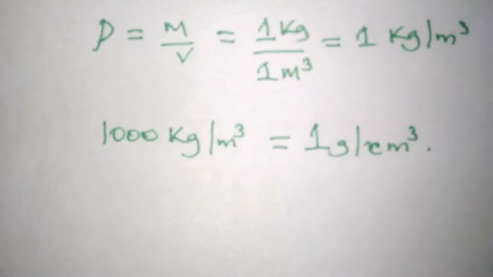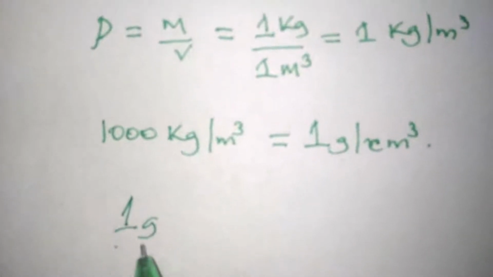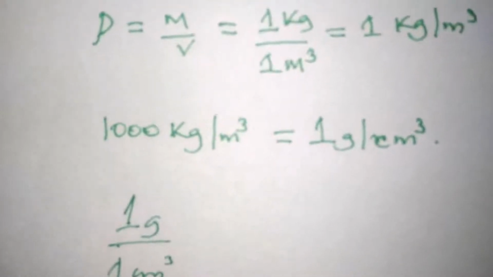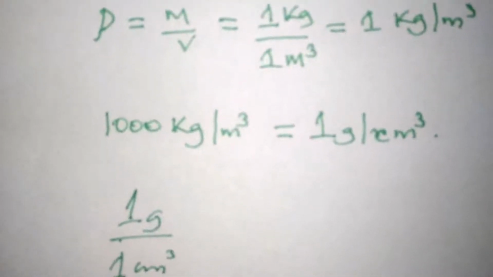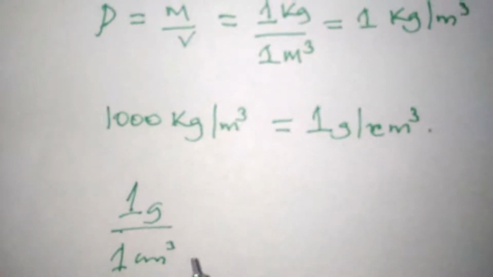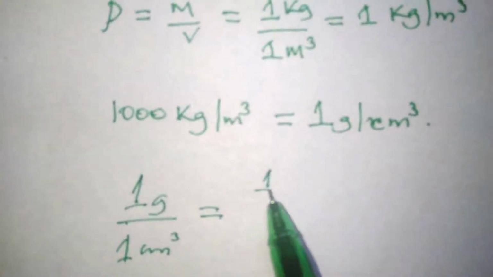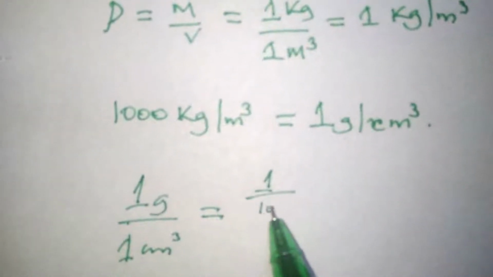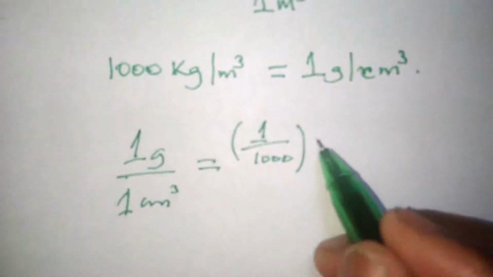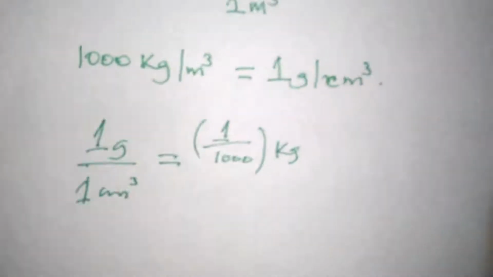Now, to be able to do that, let's start with the grams. 1 gram over 1 centimeters cube. Now, what is that? Look at 1 gram. If you convert it to kilogram, you divide it by 1000. That comes to 1 over 1000 kilogram.